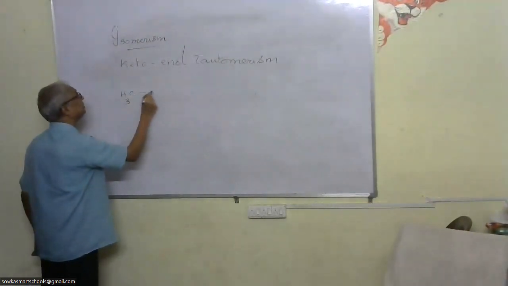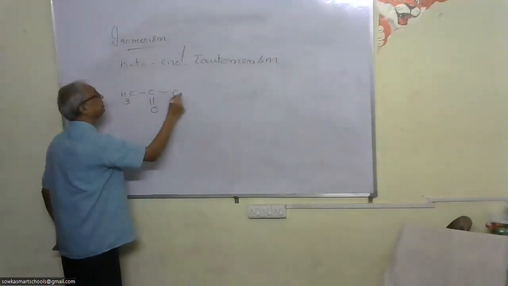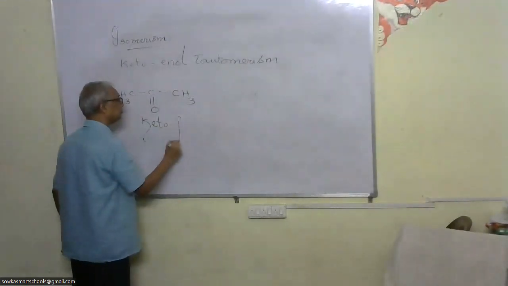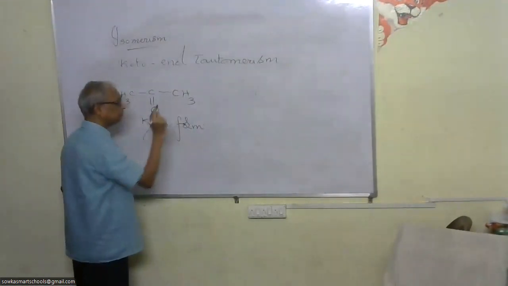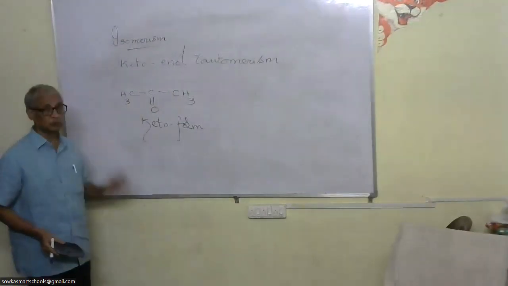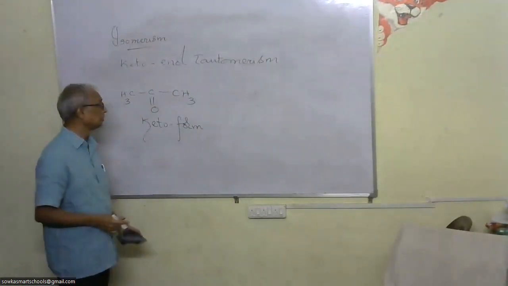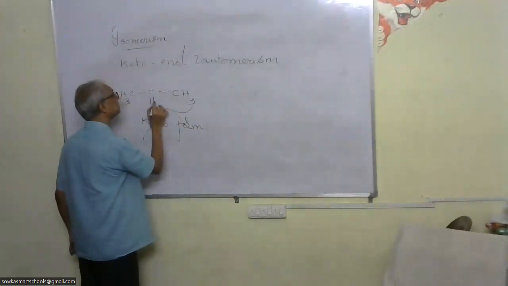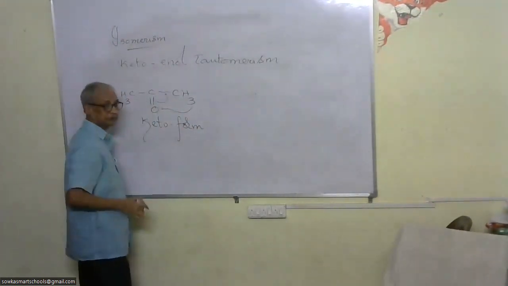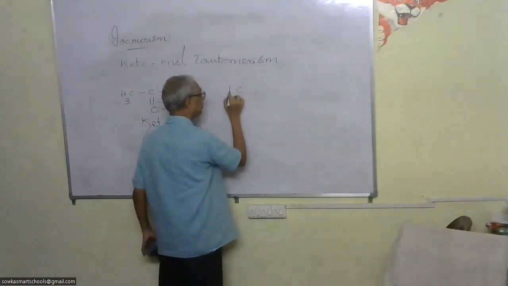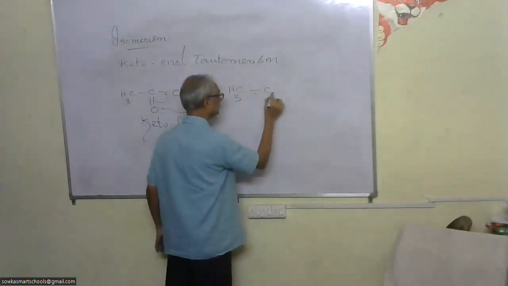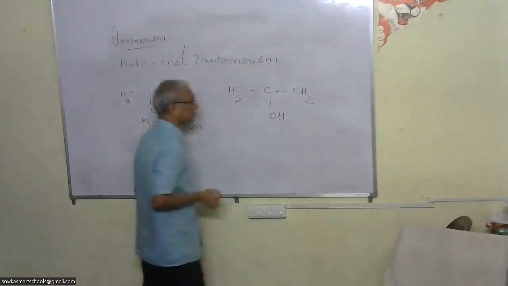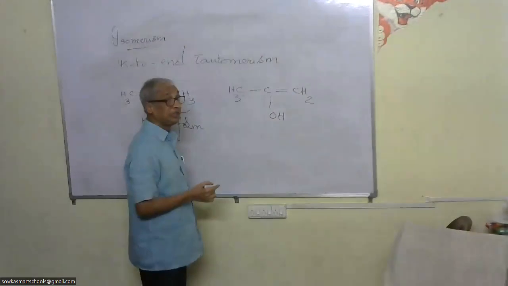CH3, C double bond O, CH3. This is known as keto form. You can easily understand because there is keto group. Now, if one of the hydrogens on this shifts here and this pi bond shifts here, we get this compound. This is known as enol form.